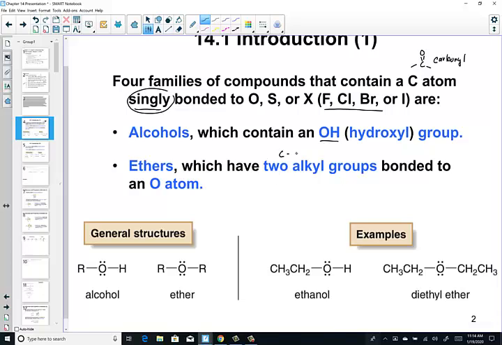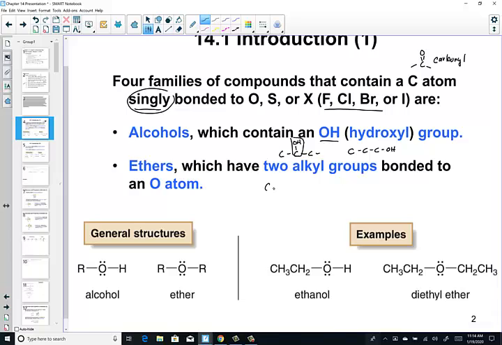So for instance, if I'm looking at an alcohol, it's coming off as a branch, as an OH. It could be at the end, or it could come off as a branch in the interior part. But notice that a carbon is leading a single bond out to an oxygen. That's how I recognize the alcohol functional group.